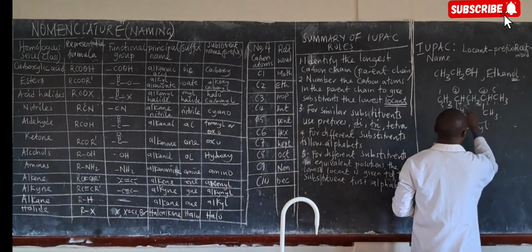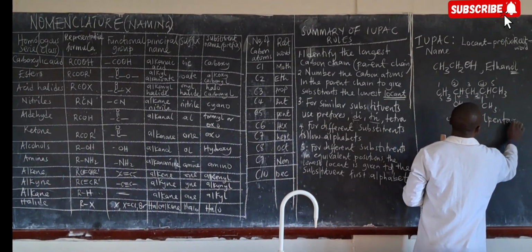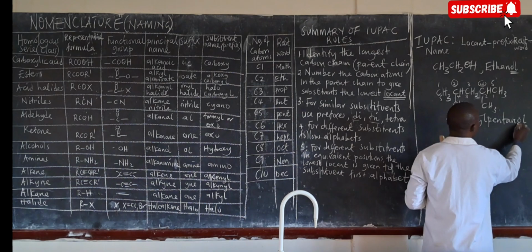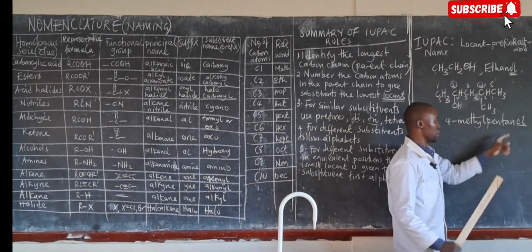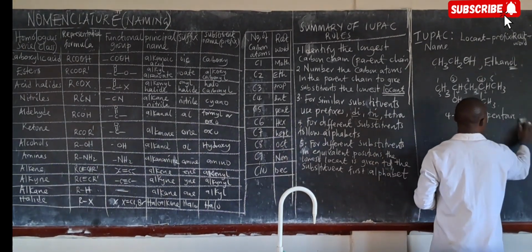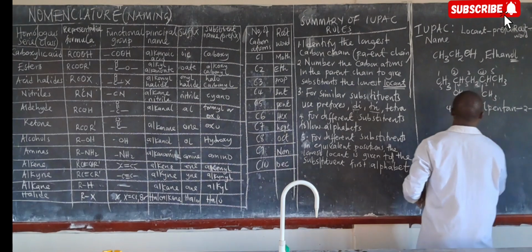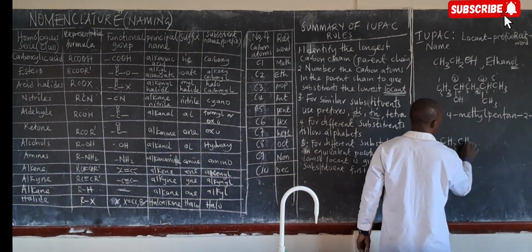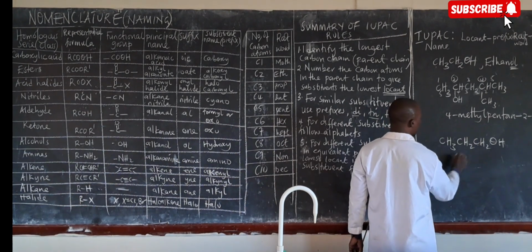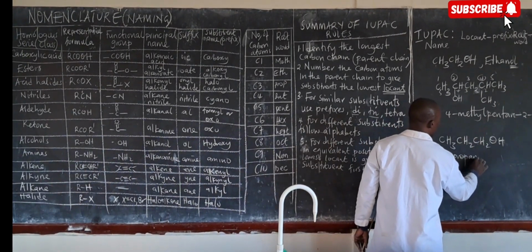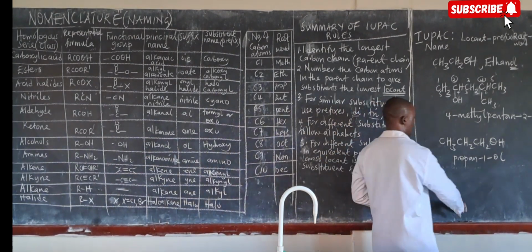Then that one will be alkanol; being that there are 5, it's pentanol, but IUPAC says that you must introduce a locant, so we have pentan-2-ol. So this one of course is propanol, but I have to introduce a locant, propan-1-ol.